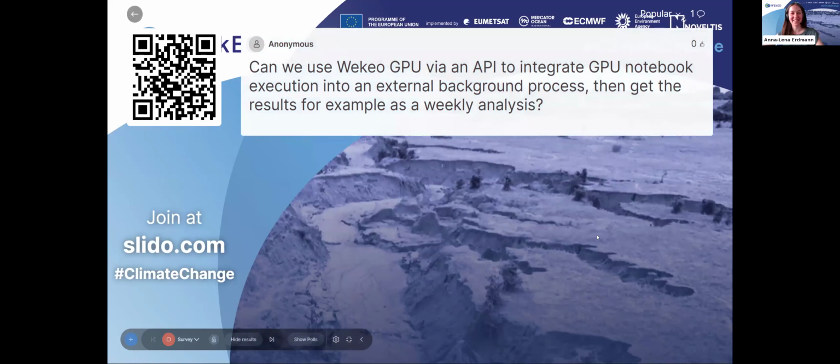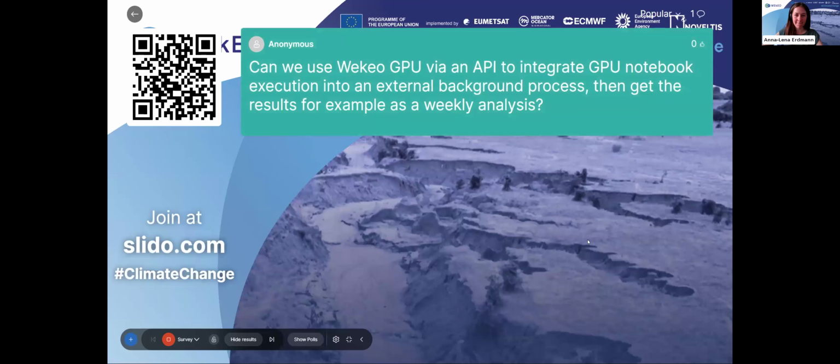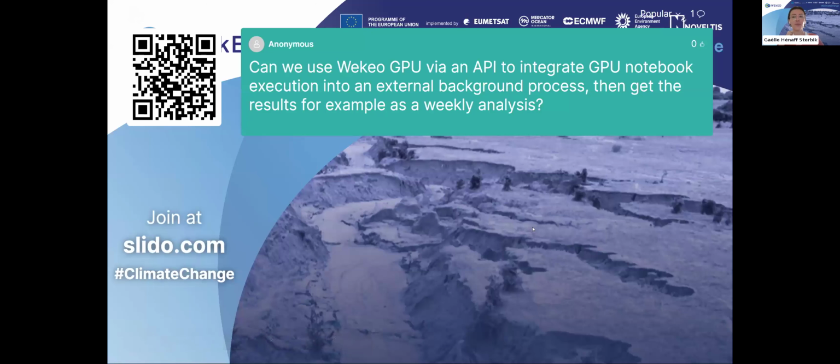Thank you. And the last one: can we use WEkEO GPU via an API to integrate GPU notebook execution into an external background process, then get the results, for example, as a weekly analysis? That is a good question. I'm also not 100% sure how that would work.